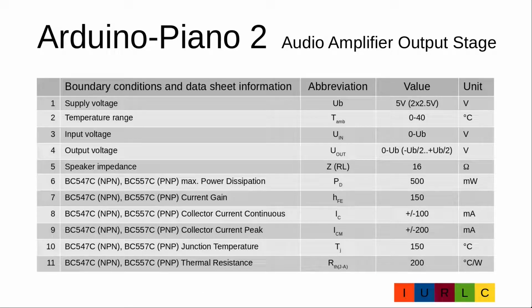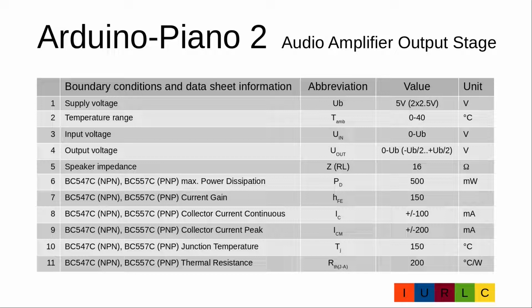Before we start with the calculation of the real amplifiers, we will summarize some important boundary conditions and datasheet information. The supply voltage should be like Arduino, 5 volt or 2 times 2.5 volt. The temperature range should be 0 to 40 degrees Celsius. The input voltage should be within the supply voltage from 0 to UB.